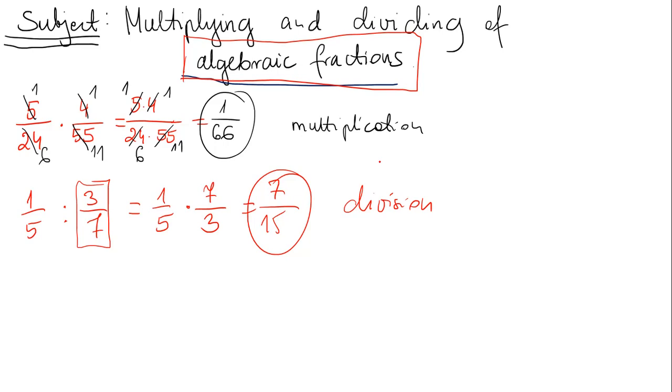That's the point of those two operations. So we will try to cancel down some polynomials, and of course we have to remember about the domain. So let's try the first example, and we will see how it works with algebraic fractions.